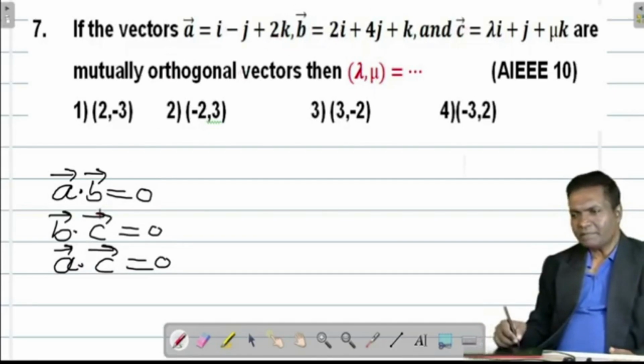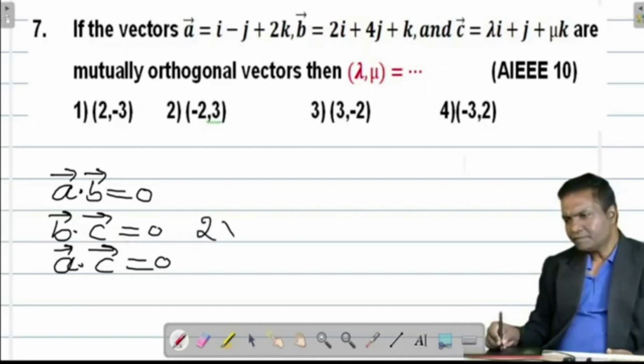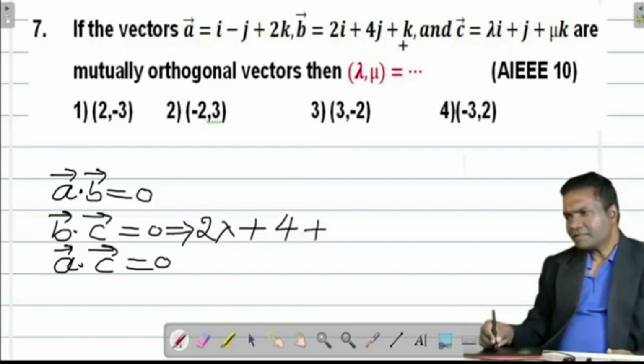Only you have to consider B and C, and A and C, because they involve lambda and mu. So the dot product of B and C gives 2 lambda plus 4 plus 1 into mu, that is mu, equal to 0.